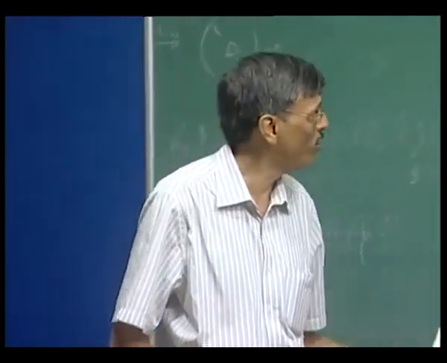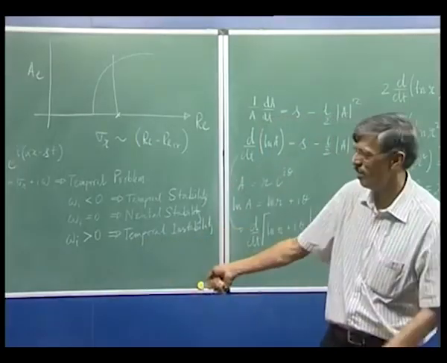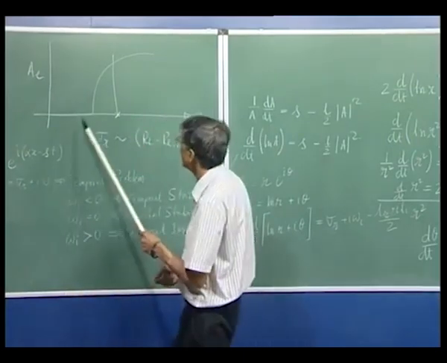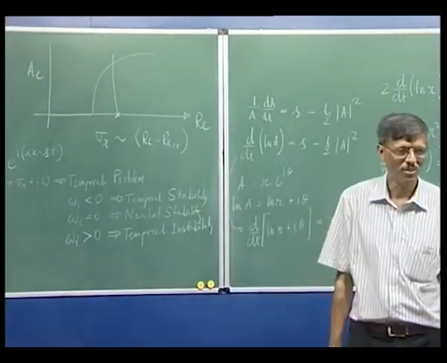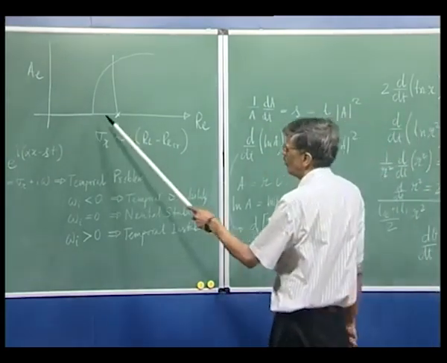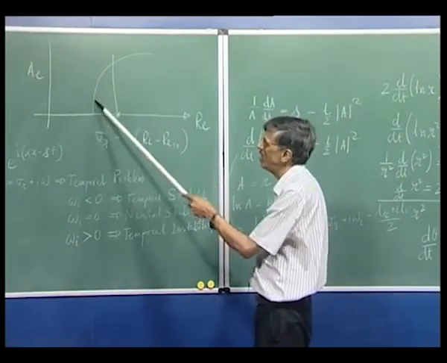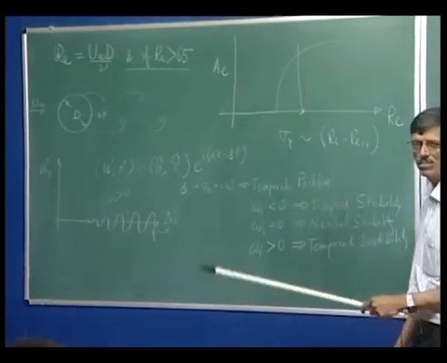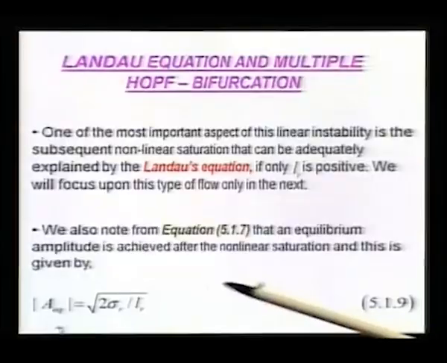So if you now go to the lab and do the experiment, all you do is you have a hot-wire probe, you keep measuring, keep increasing the Reynolds number, and you draw this curve. And you have found out where that Re critical is, and if you have this curve, you can take any two points and you can obtain this.